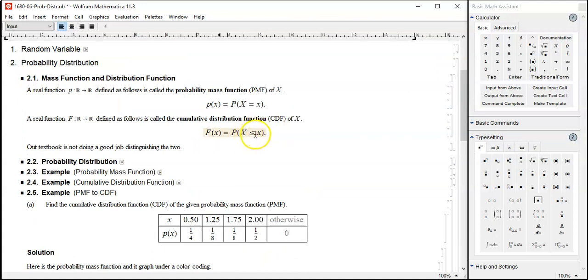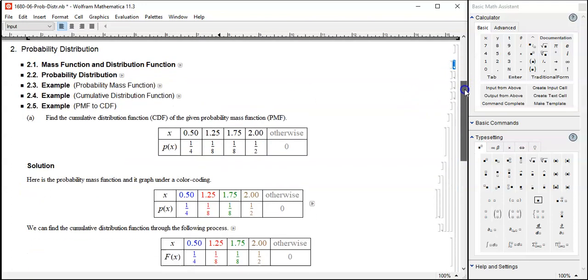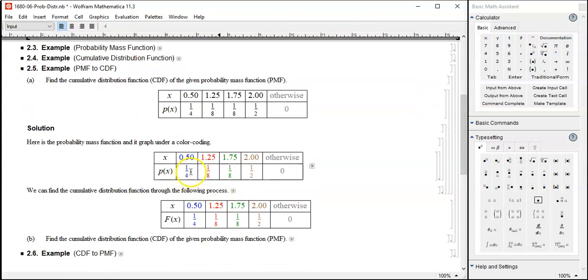CDF comes with inequality, while PMF is for equality. So for PMF, we have probability at x equals 0.5, at x equals 1.25, at x equals 1.75, etc. For CDF, we need intervals here.